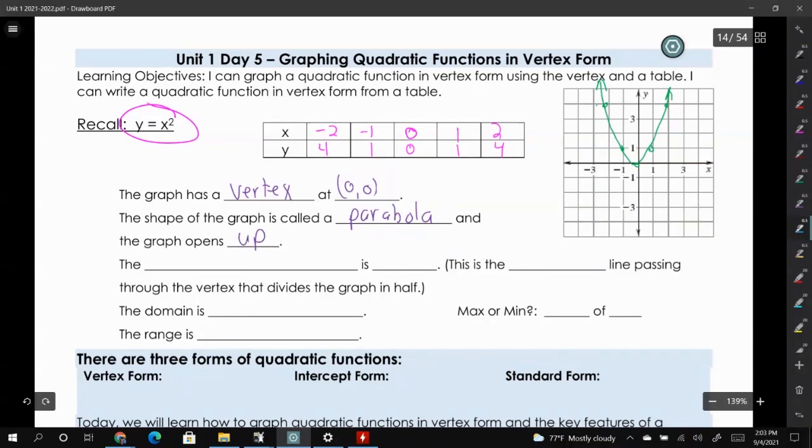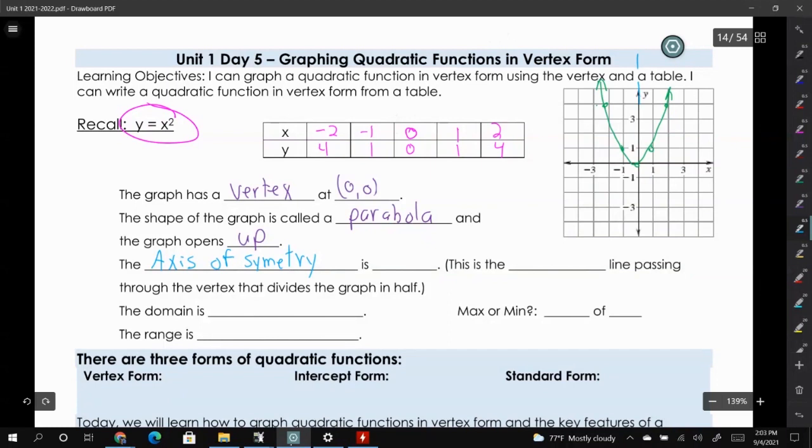Now, something new today is we have something called the axis of symmetry. Your axis of symmetry is a vertical line where you could fold your graph onto itself.